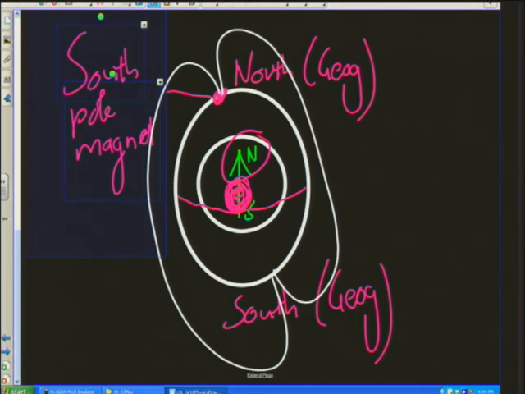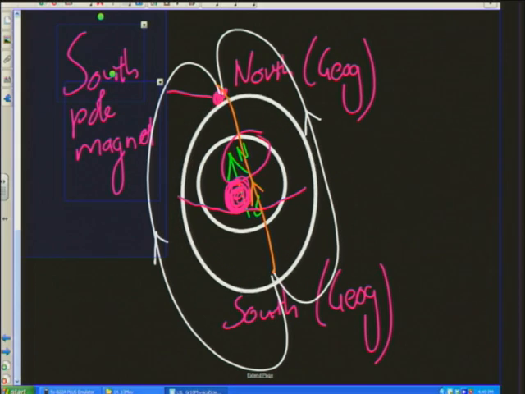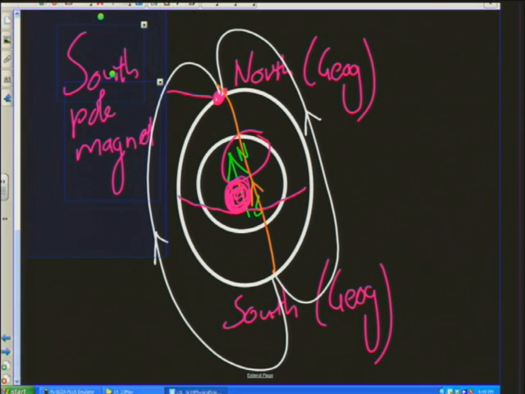But now what do we need to recognize? That the field lines run towards the geographic north. And if the field lines run in 3 dimensions towards the geographic north, let's just clear that up and make sure they're pointing to the geographic north like that. They're running towards the geographic north. We recognize that anything that runs away, remember what we said earlier?